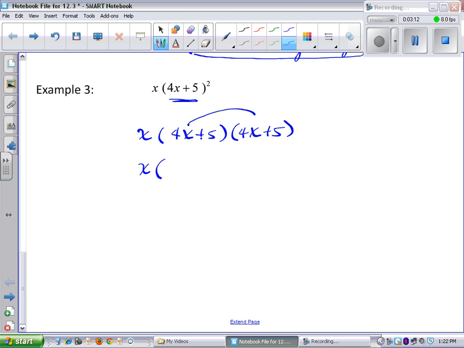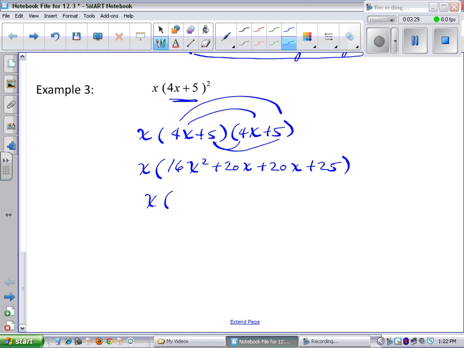So I have 4x times 4x is 16x squared. The outside will give me plus 20x, and the inside will give me plus 20x, and the last will give me plus 25. So that I'll have x times 16x squared plus 20x, and 20x would be 40x plus 25.